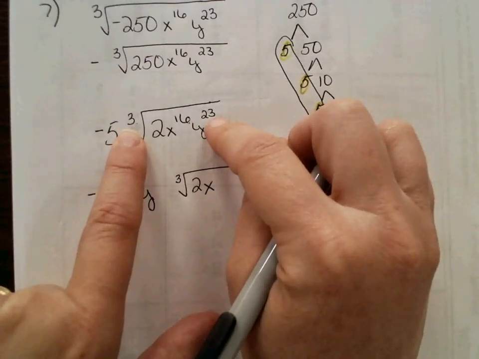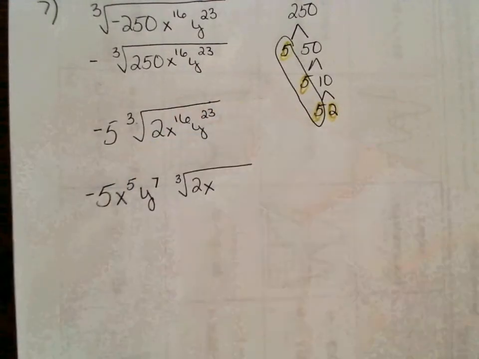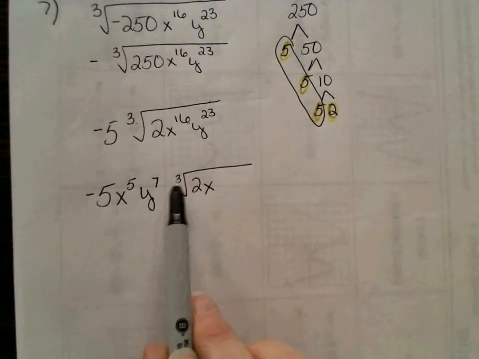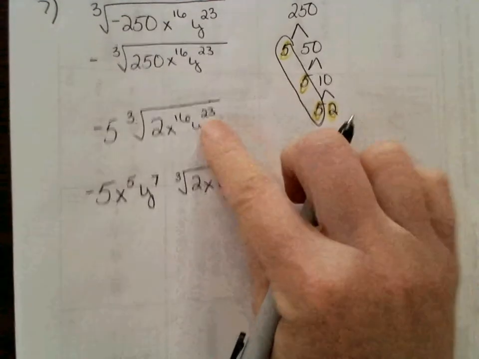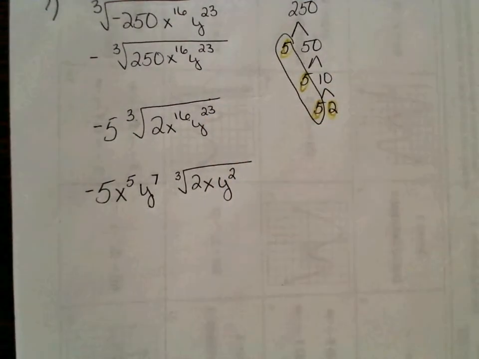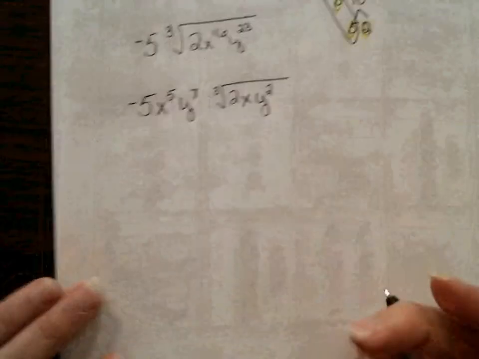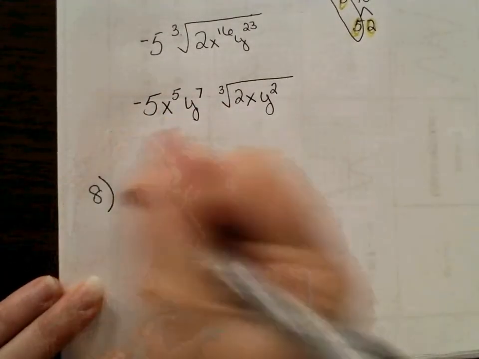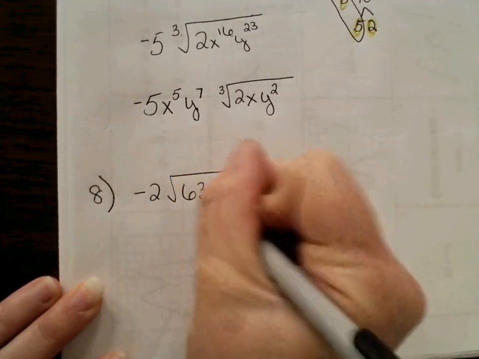Now I have to do my y's. 23 divided by 3 is 7. Okay, so then I'm going to do 7 times 3, 21. So how many y's do I have left if I had 23 there? 2.